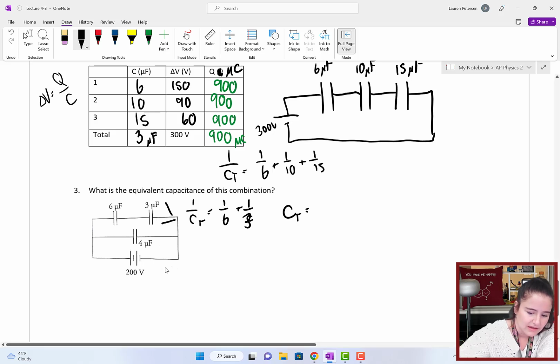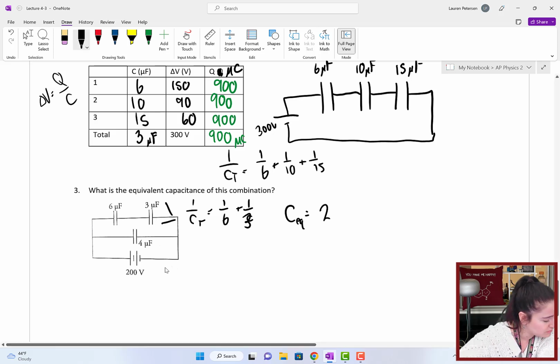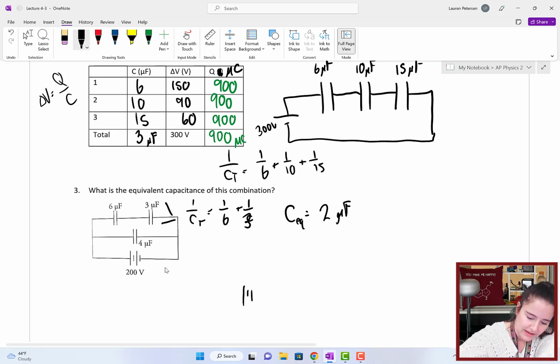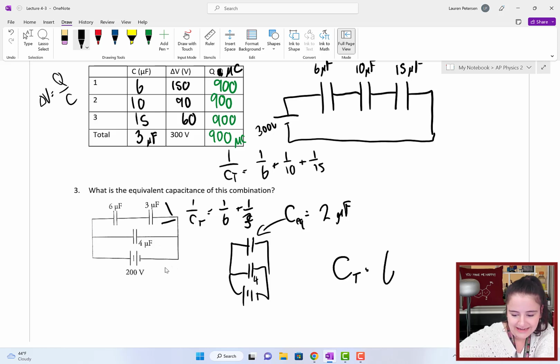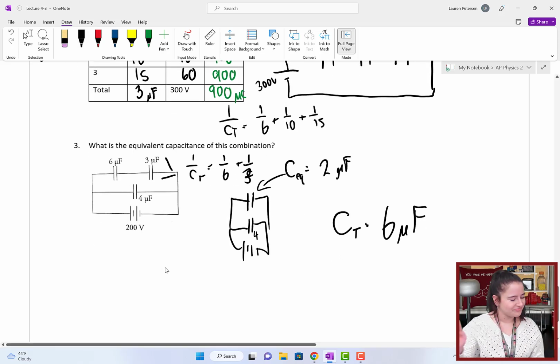So that equivalent capacitance is going to be 2 microfarads. So in our circuit, we've got that battery, the 4 microfarad one, and the combined 2 microfarad one. So the total capacitance is 6 microfarads. And that's it for capacitance. Okay, cool.